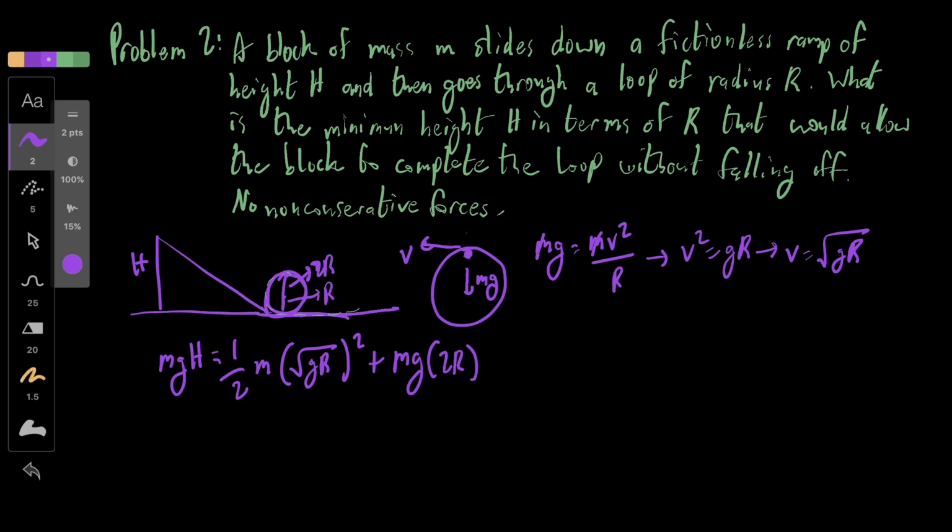Now, we know exactly what we need to solve for, and we have everything in this equation, because we have our initial energy and our final energy, which is our kinetic energy plus the potential energy at that point.